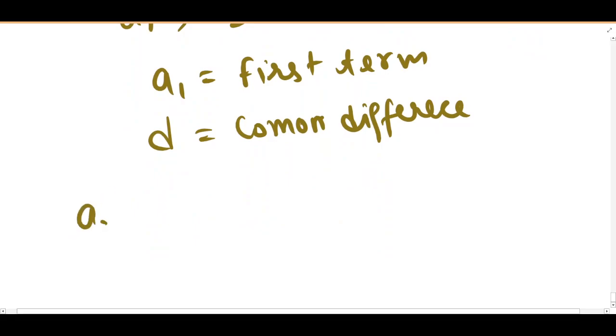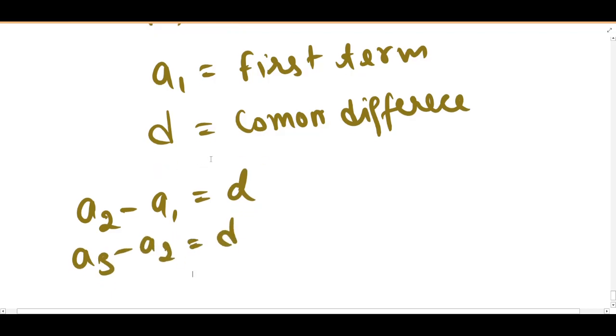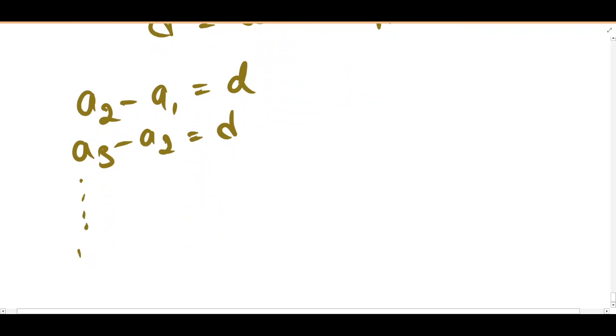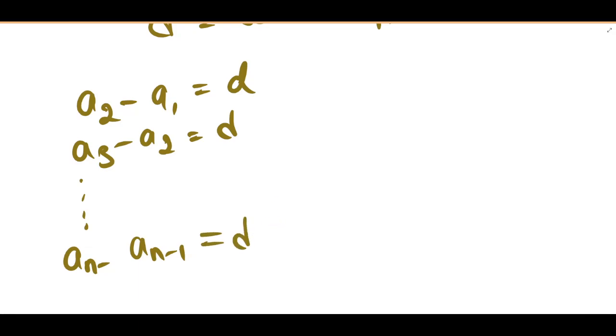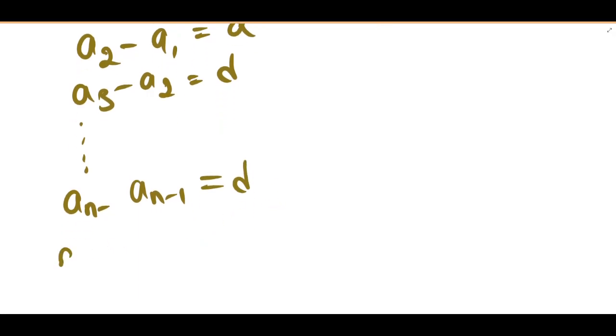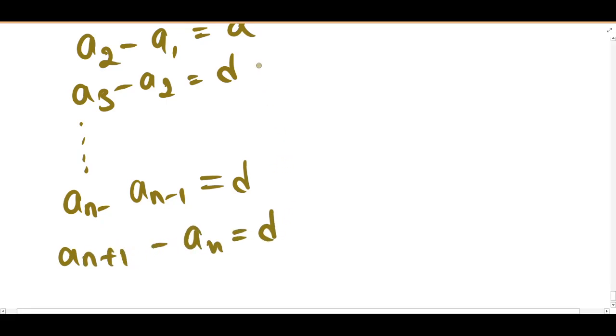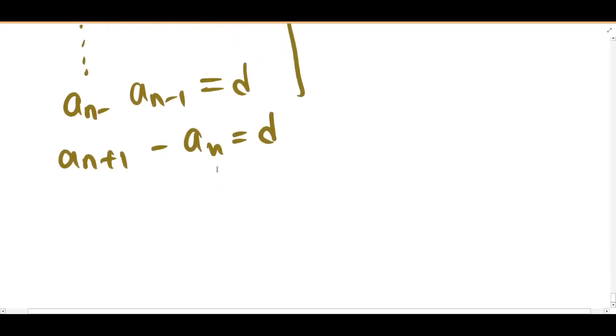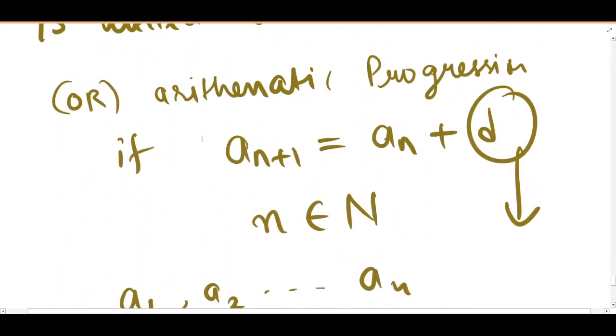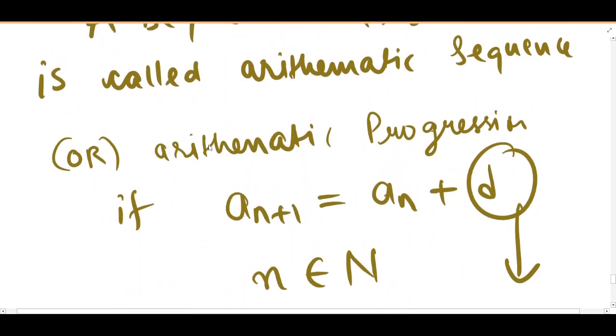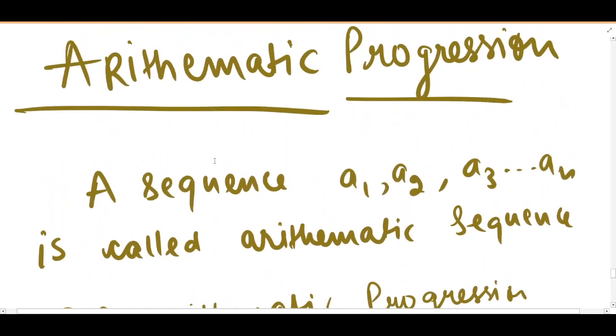So we can write a2 minus a1 is equal to d, a3 minus a2 equal to d, and this goes up to a(n minus 1) equal to d, or a(n+1) minus an equal to d. So the common difference remains the same in an arithmetic progression. If the common difference varies over a range of terms, then it is not an arithmetic progression.